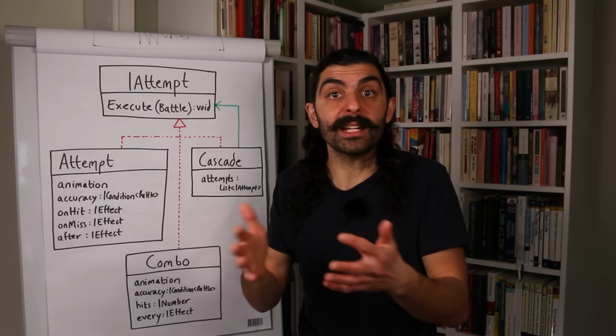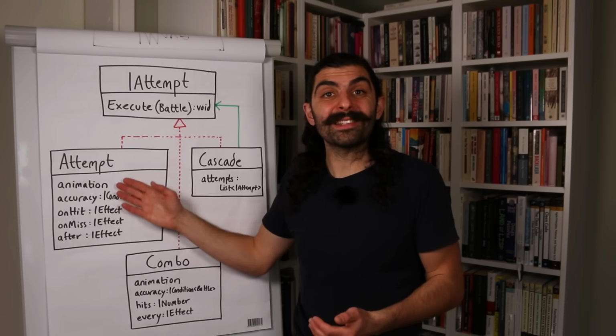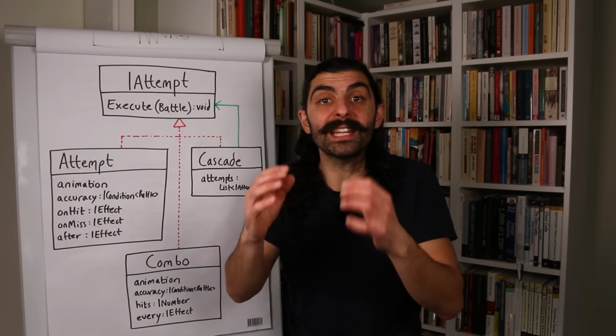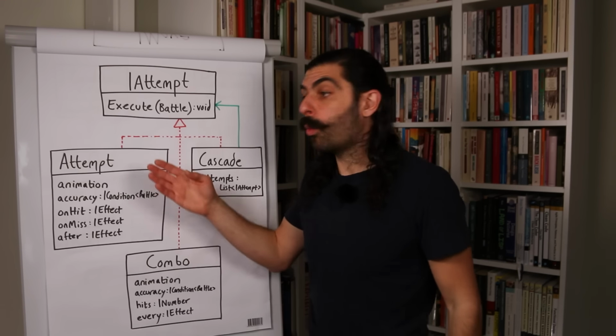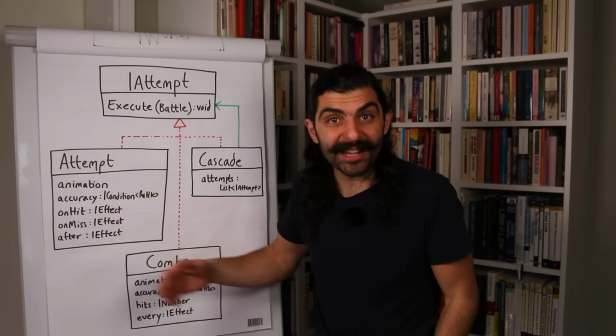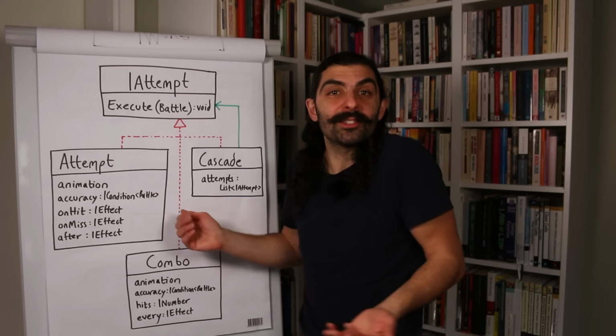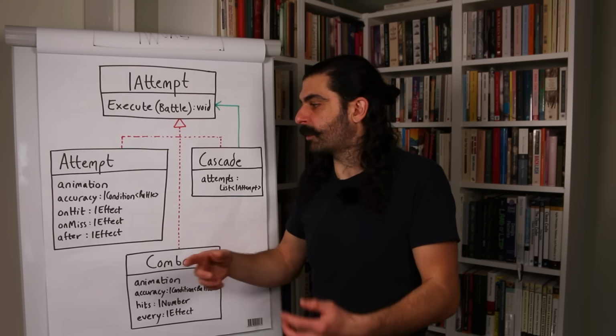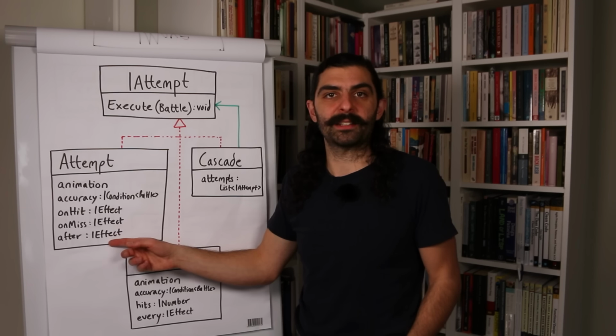Attempt fundamentally does not care what the effects do or how they work. Attempt is only concerned about determining which combination of the 3 effects it should run, and then it just applies those effects. Should it run the hit effect and the after effect, or should it run the miss effect and the after effect, for example?